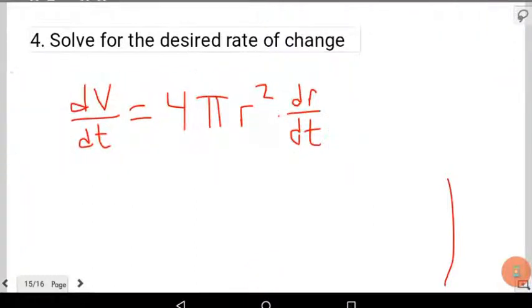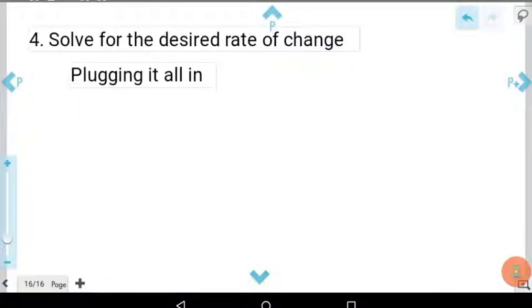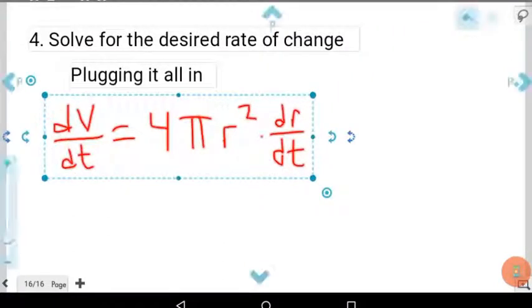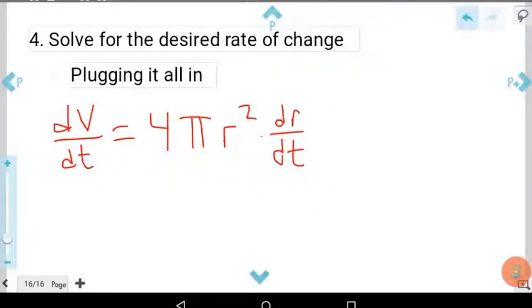Now remember, a couple steps ago we figured out that what we were looking for was dV/dt. So the first thing you want to do when you're solving for the desired rate of change is just to isolate the variable that you're looking for. In this case, it's already isolated, right? Because we're looking for dV/dt, which is already all by itself over there.